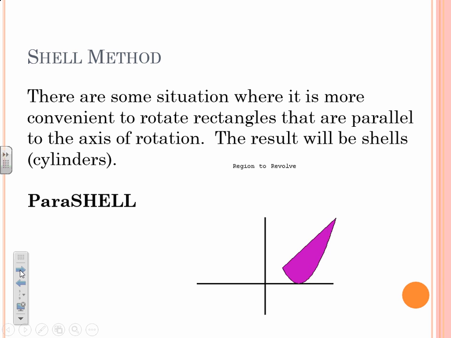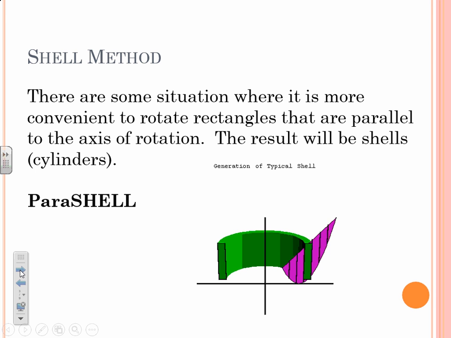Okay, this is what we call a shell. Shell like a cylinder. Okay, I'll let you watch it again. So we're going to break it up into parallel rectangles and rotate it around so it makes a shell.